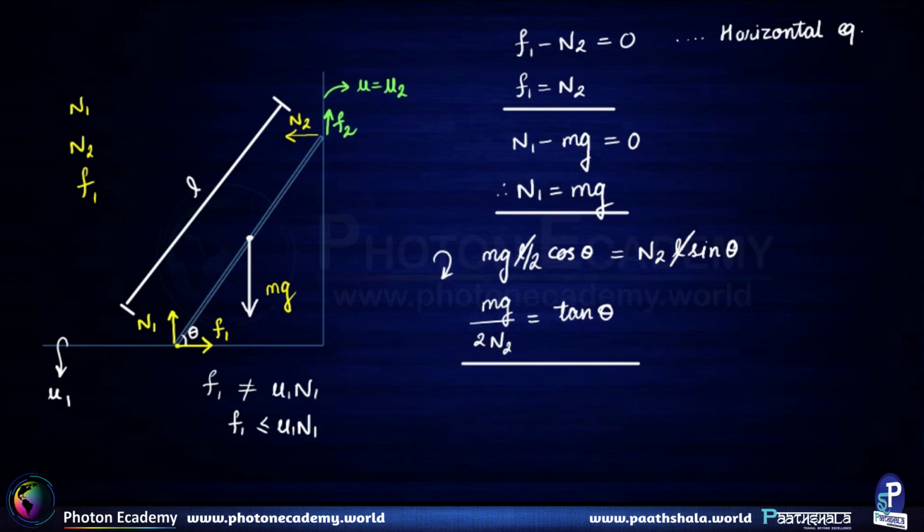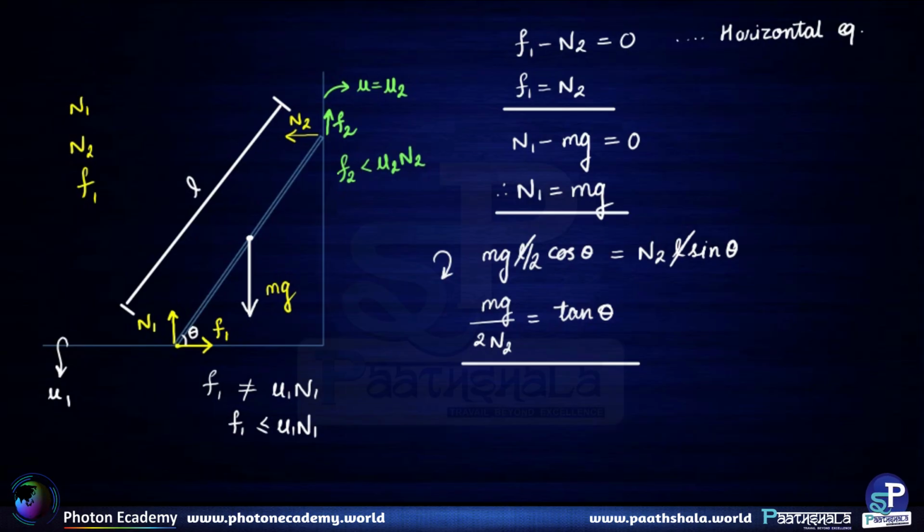What we can certainly say is that because of equilibrium, since it is static, F2 is less than mu2 into N2. This is all that we can say for sure. Now in such a situation, you get only 3 equations but 4 unknowns.